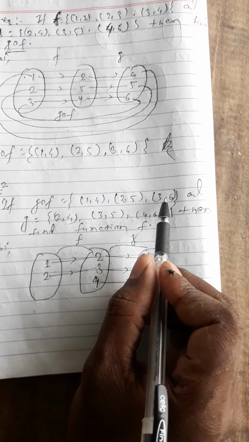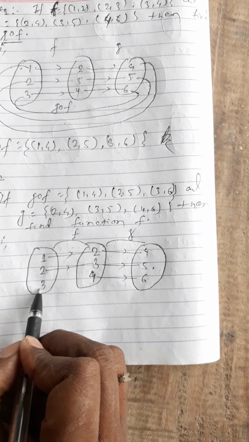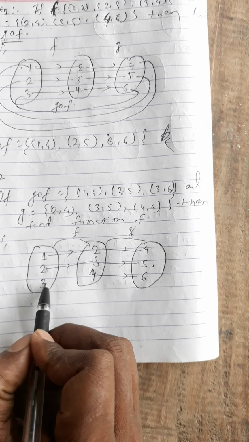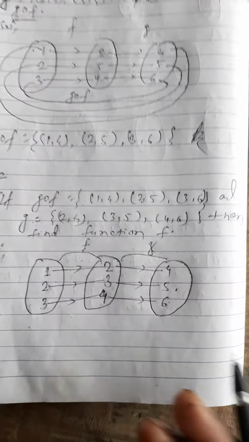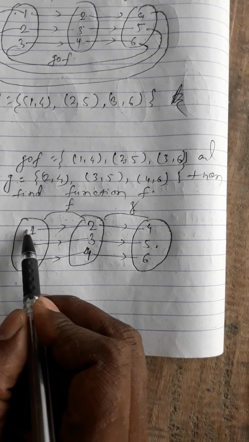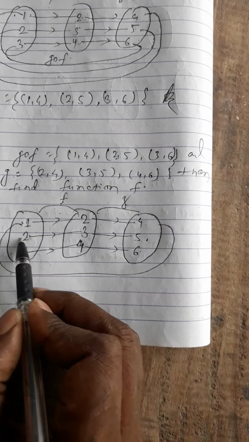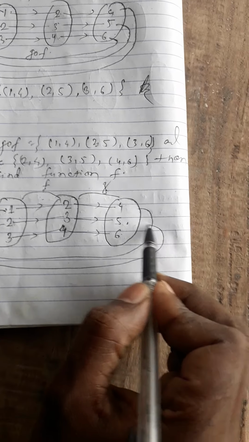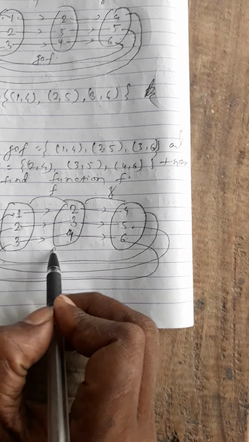Now the last one is 3 mapping to 6. If you take the element 3 in function f, then it is mapping to 6. It means 3 is mapping to 4, and after that 4 is mapping to 6. Now this is the composite function. This is which function? This is the composite function g operation f.